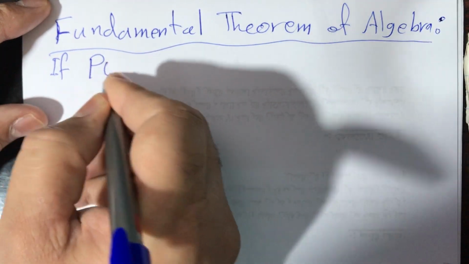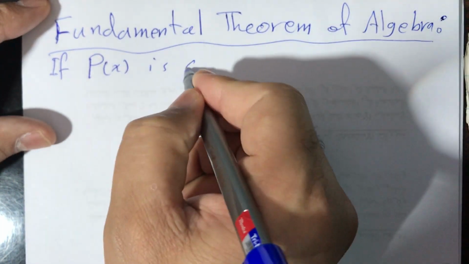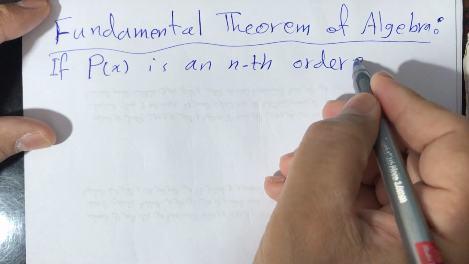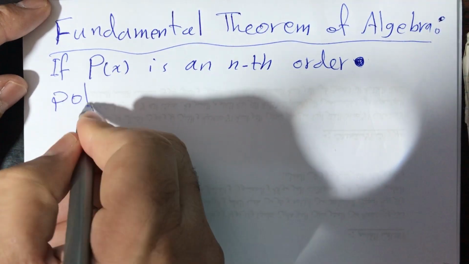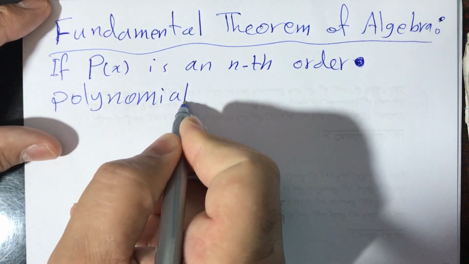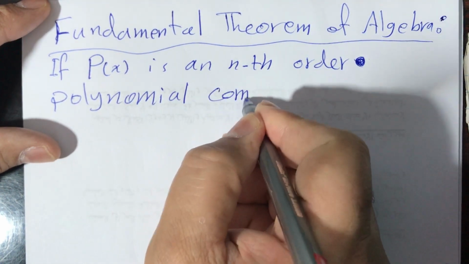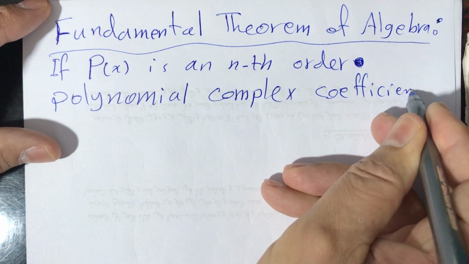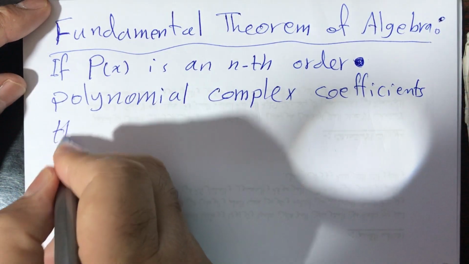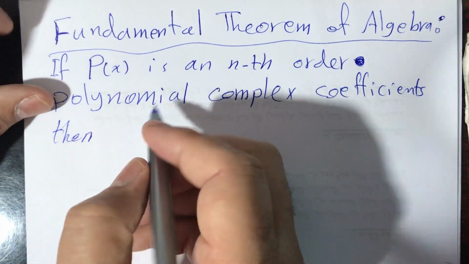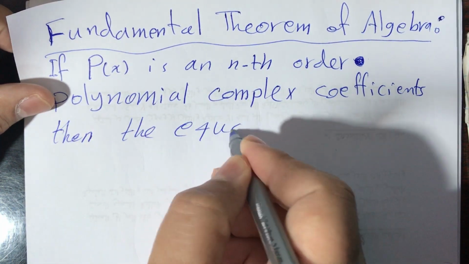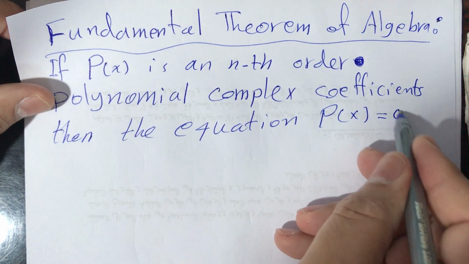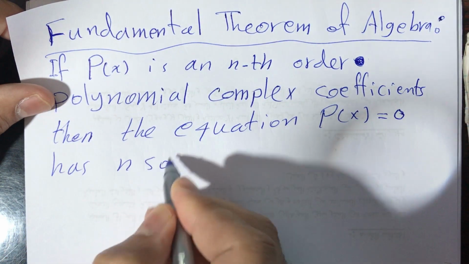If P of X is an nth order polynomial with complex coefficients, then the equation P of X equal to 0 has n solutions.